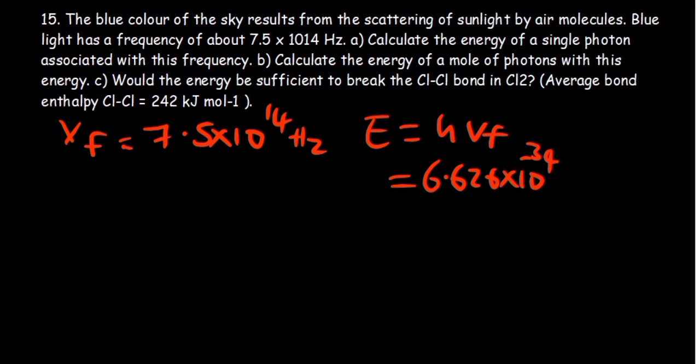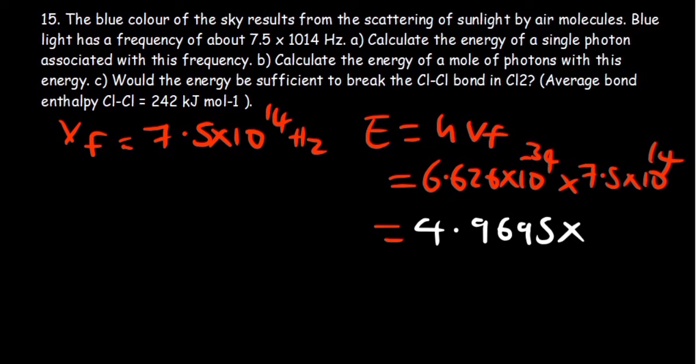In this case, our frequency is 7.5 times 10 to the power 14. So you can grab your calculator there: 6.626 times 10 to the power -34 multiplied by 7.5 times 10 to the power 14. Our solution is 4.9695 times 10 to the power -19 joules.